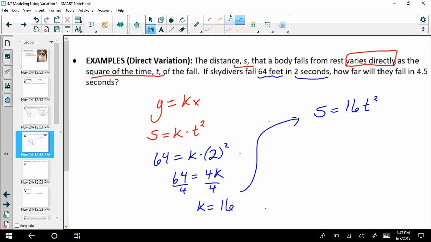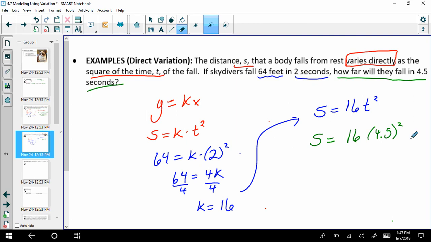Now they're probably going to have me use it. How far will they fall in 4.5 seconds? So now that I have my connection, I'm going to plug in my 4.5 and figure out what distance that would be. Okay, so make sure when you're putting this into the calculator, we square our value and then we multiply by 16.